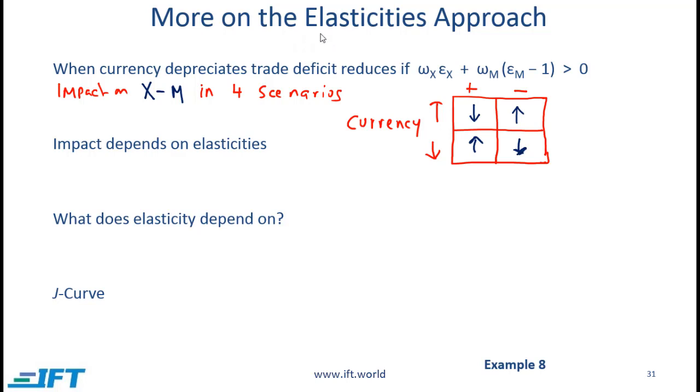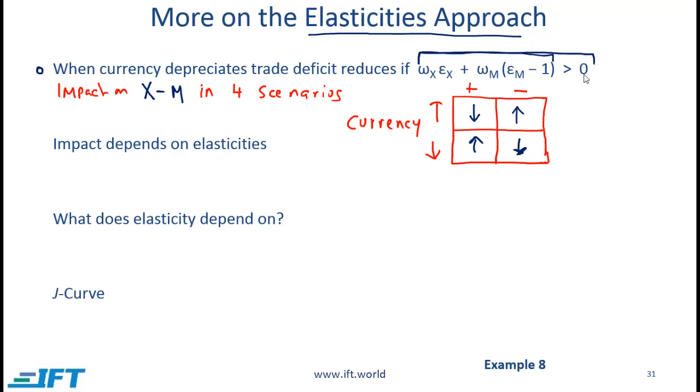On this slide, we will make a few more points related to the elasticities approach. As discussed on the previous slide, when a currency depreciates, the trade balance will reduce if the Marshall-Lerner condition holds. When we say that the Marshall-Lerner condition holds, we mean that this expression is greater than 0.